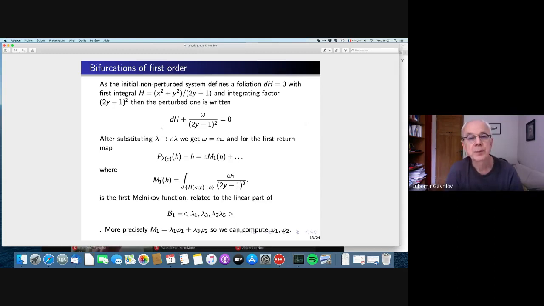So, as the first integral is rather simple, we get by standard, classical computations an explicit formula for the first Melnikov function, which is some abelian integral along the level set of this first integral.